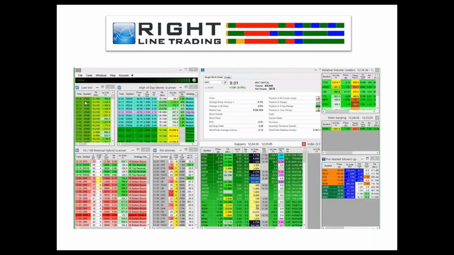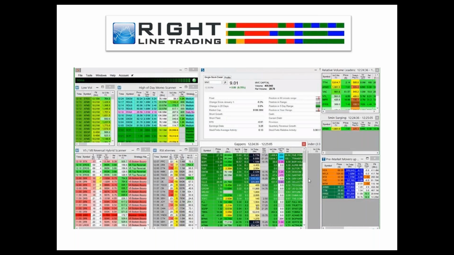You can see here you've got the low volume instruments, the momentum scanner, the reversal scanner, relative strength. These are the trades that are gapping at any given time.